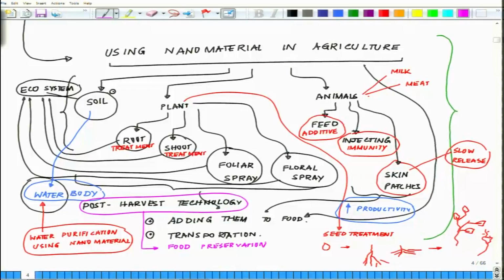Mostly this includes grain and fresh produce preservation, which includes, of course, cut flower preservation and all these other offshoot areas in the field. So, to start off, I will begin with nanomaterials as seed treatment agents.